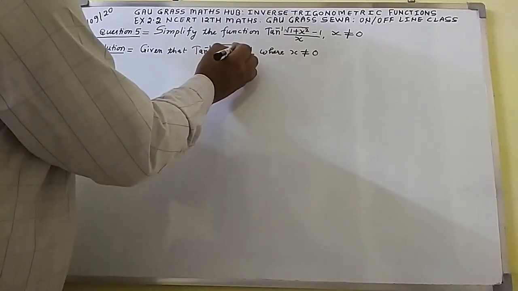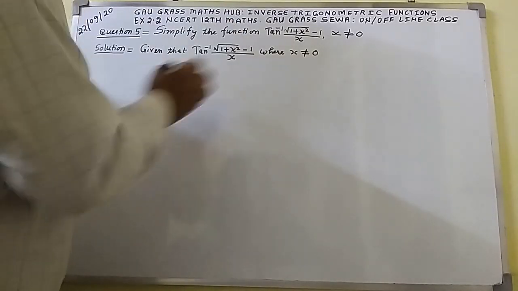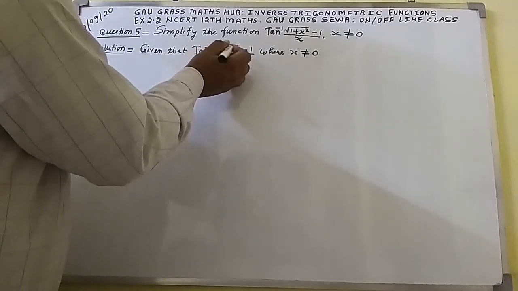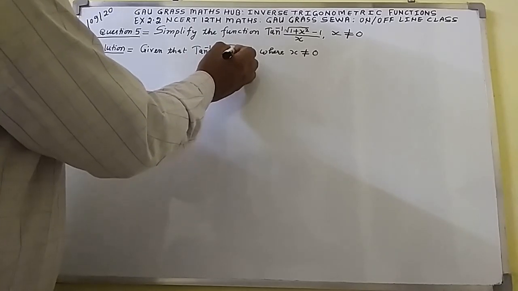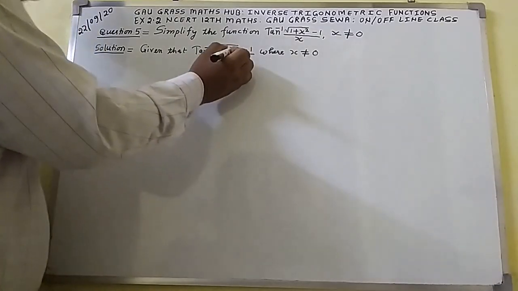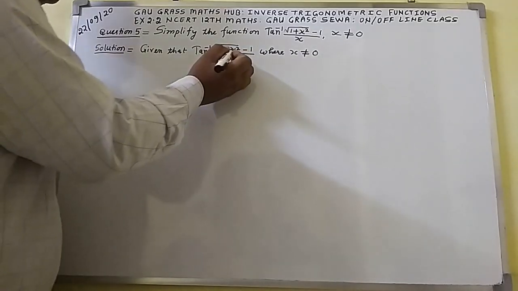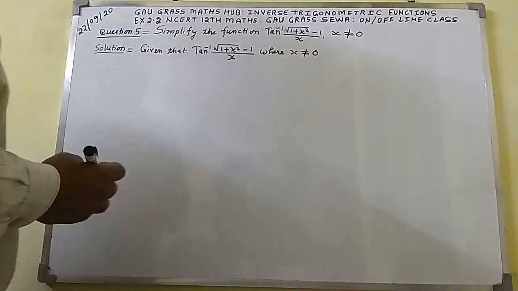Here 1 plus x square is there, which is in square root. What we'll do in this case is let x be something else.